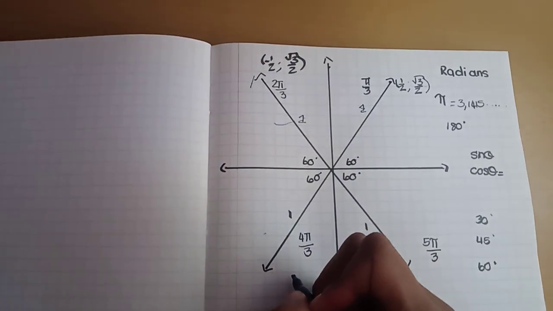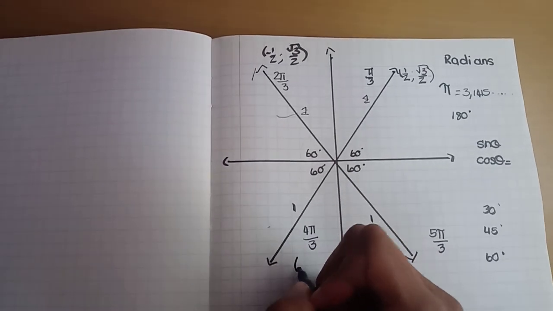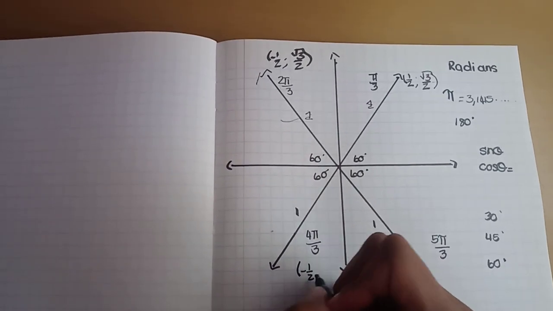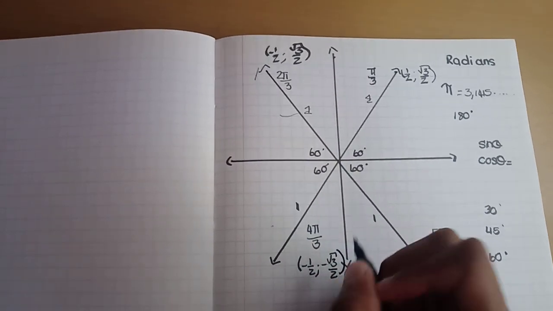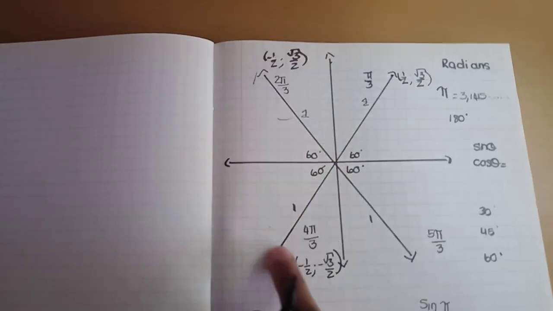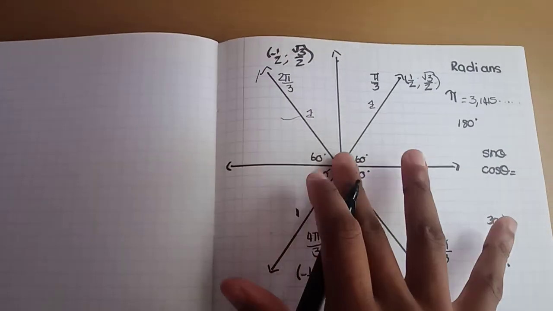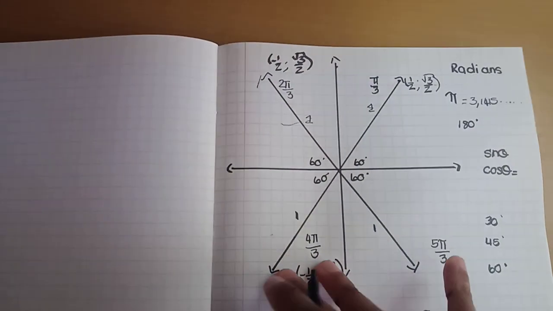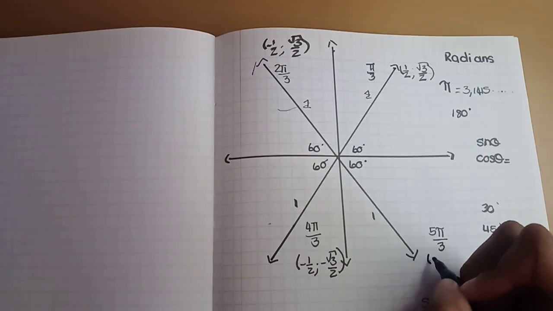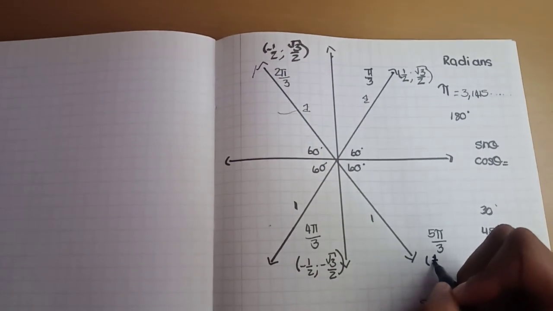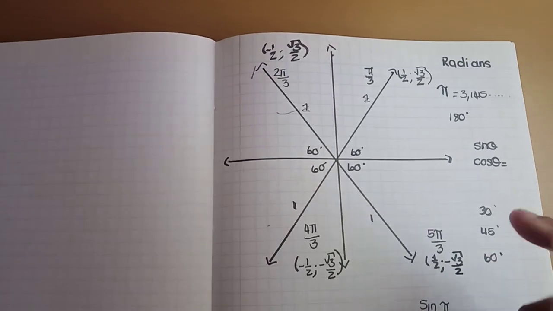Coming down here, the values for 4 pi over 3 are negative a half and negative root 3 over 2. Reason being, we're in the third quadrant, where sine and cos are both negative, so x and y are both negative. Then we have 5 pi over 3, which is a half and negative root 3 over 2.